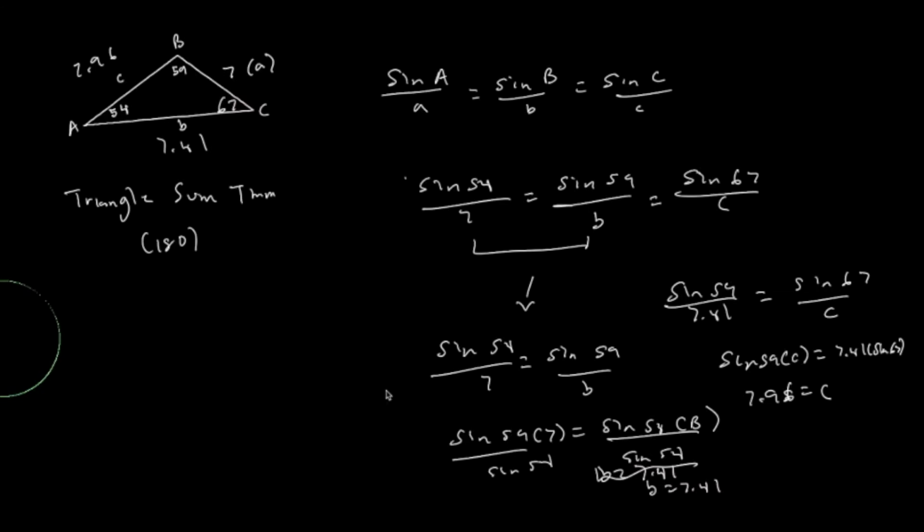So that's it for this video. Before we leave, I would like to talk about when we can actually use the law of sines. You can use the law of sines in AAS, ASA, and SSA. In all of these, the one common thing is that you'll have a given angle and a given side.